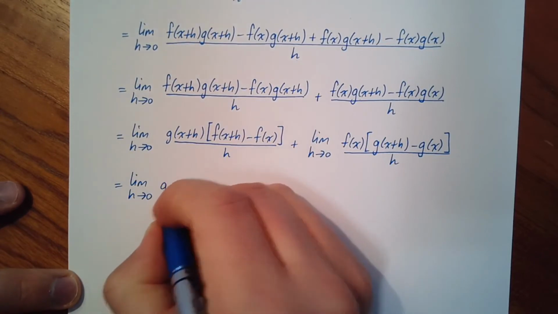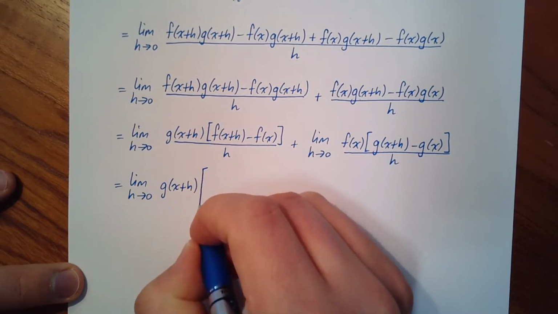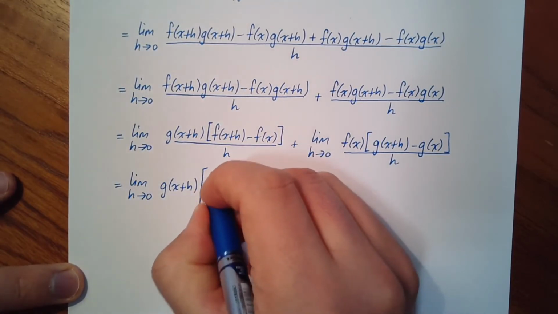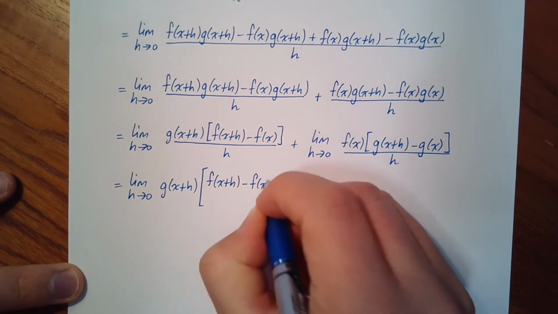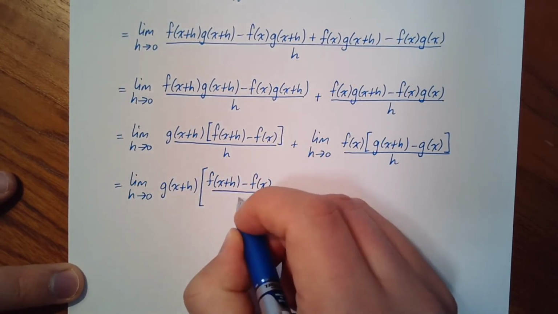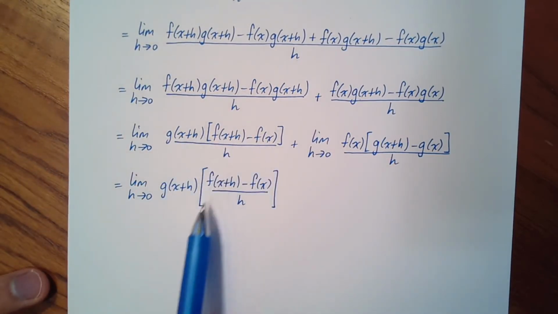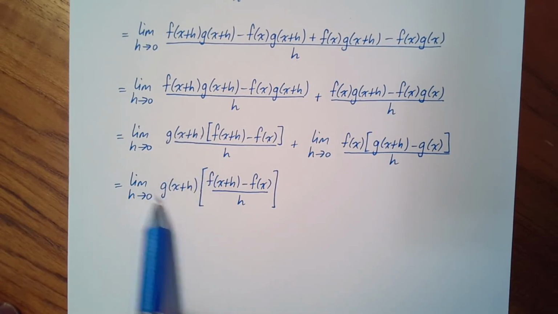So we've got g of x plus h, multiplied by the entire fraction f of x plus h minus f of x all over h. So that's this fraction just written a little bit differently, with this factor of the numerator pulled out of the fraction like that.